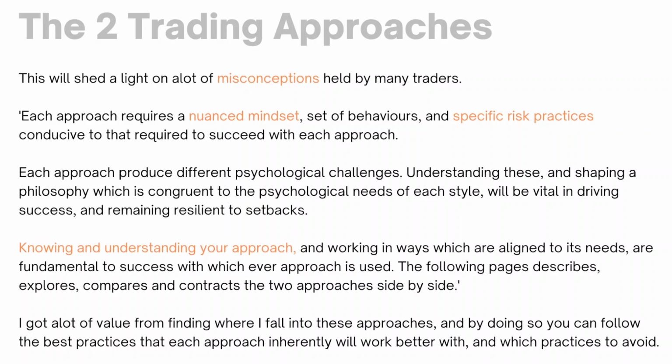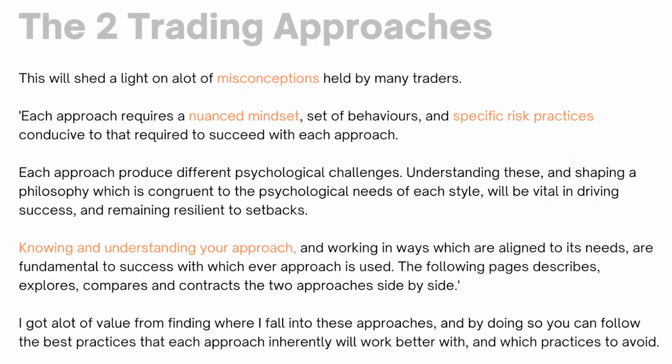We're moving out of the trader process cycle into the 2 trading approaches. And I'm really excited to go over this one today because I think it will help shed a lot of light on a lot of misconceptions held by many traders, some in here. So a quote that I took here was: each approach requires a nuanced mindset, set of behaviors, and specific risk practices conducive to what is required to succeed with each approach. Each approach produces a different psychological challenge.